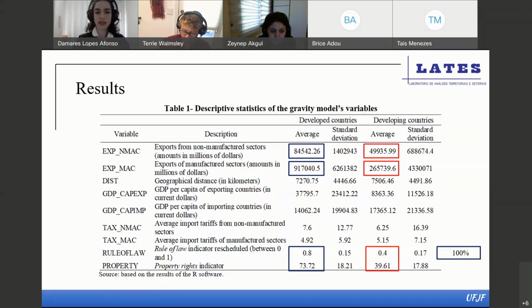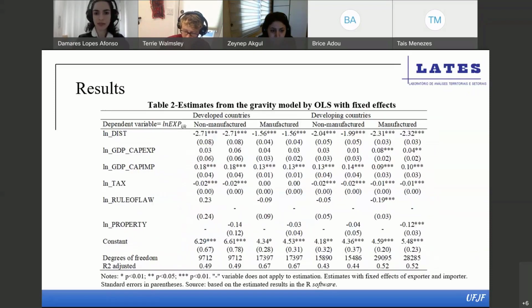This table shows the estimates from the gravity model using OLS with fixed effects of import and export. We can see that institutional efficiency had a negative impact on manufactured exports of developing countries.